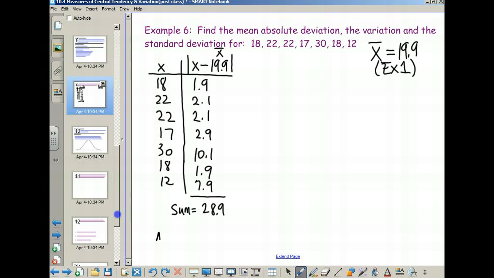The mean absolute deviation is the sum divided by the number of values. That is, it's 28.9 in this problem divided by how many? 7.